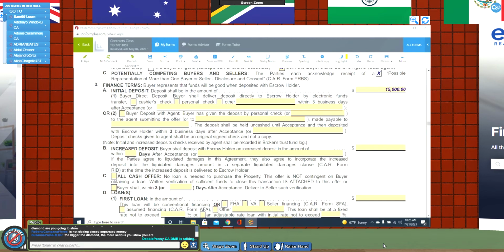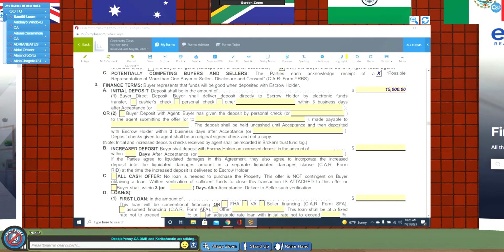Well, no, the EMD is contractually due in escrow within 3 business days after acceptance. It has nothing to do with getting the disclosures. But how do you cancel the contingencies if you don't have disclosures? Okay, totally separate thing. In this contract, you have built-in time.